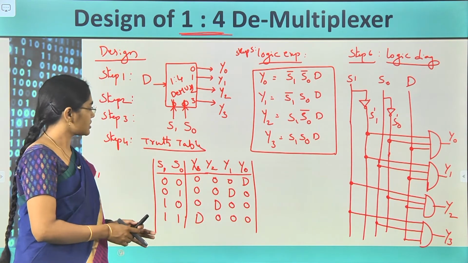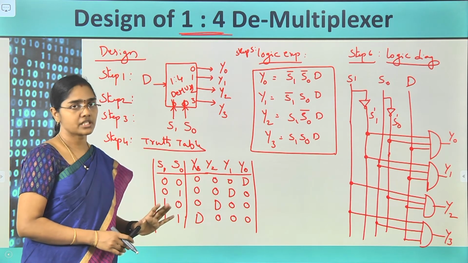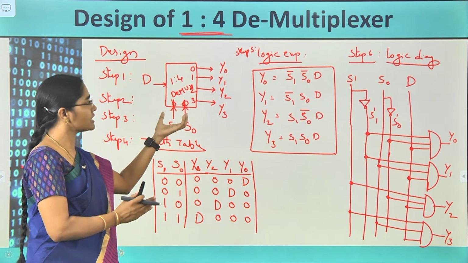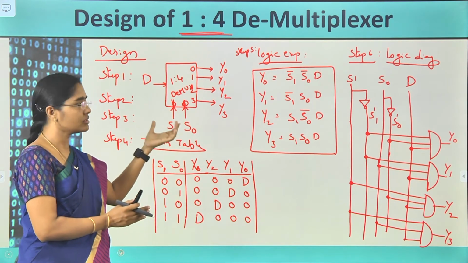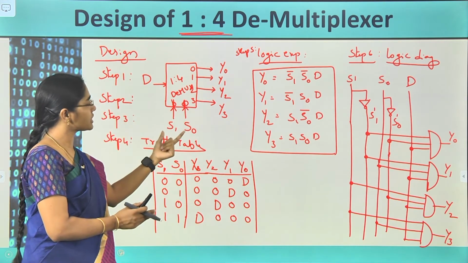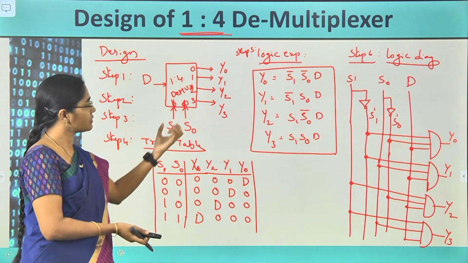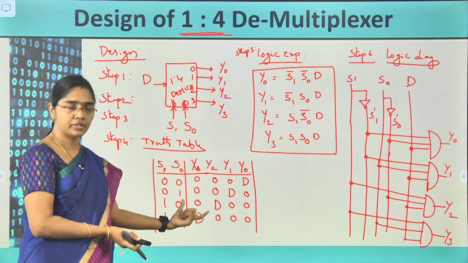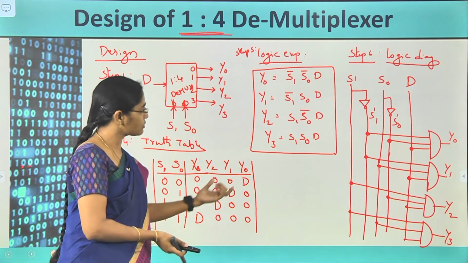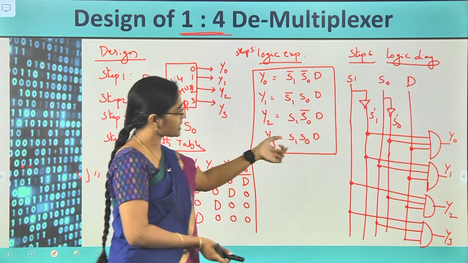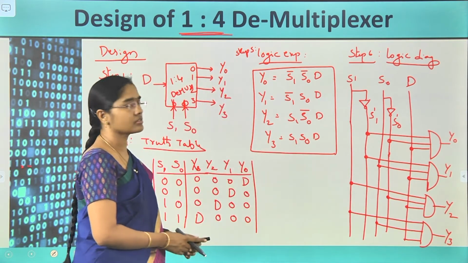So this is the design of the 1 to 4 demultiplexer. We took the oral description as a symbol representation, that is 1 data input, 2 selection signals and 4 outputs. Then the relation between all these is represented as a truth table, and from this truth table logic expressions are written, and for those logic expressions the logic diagram is drawn.